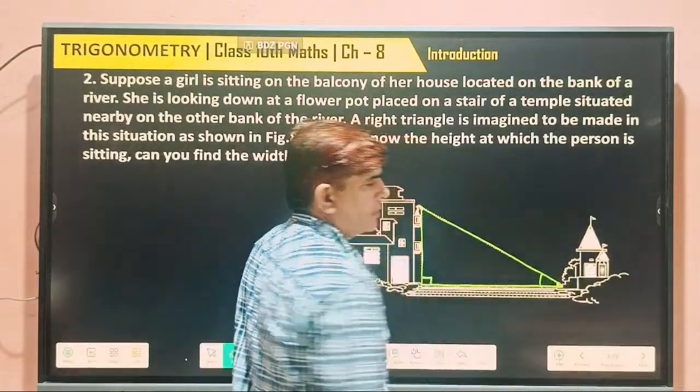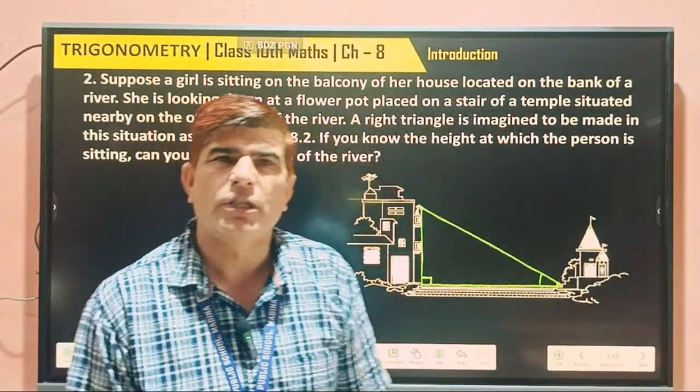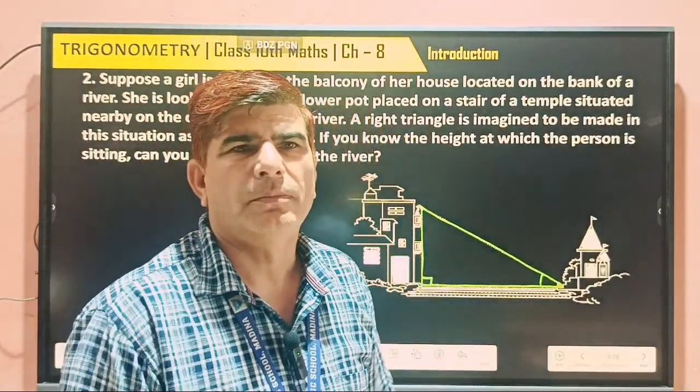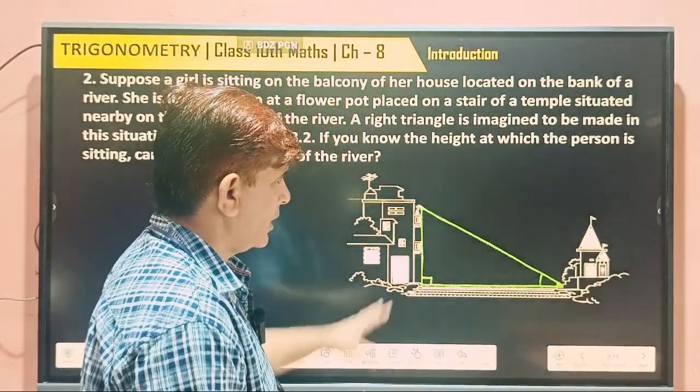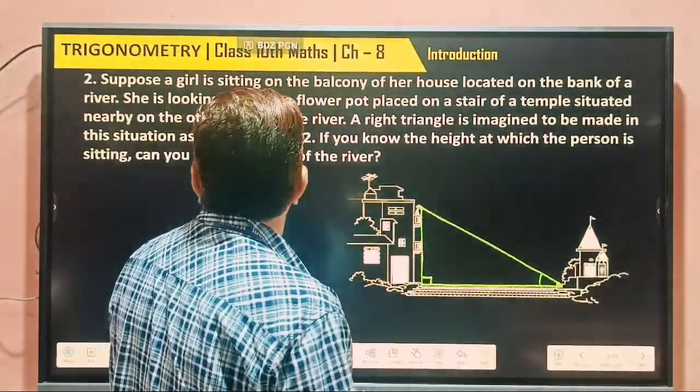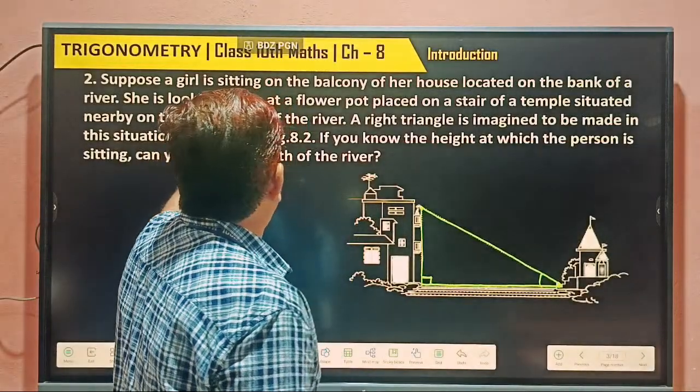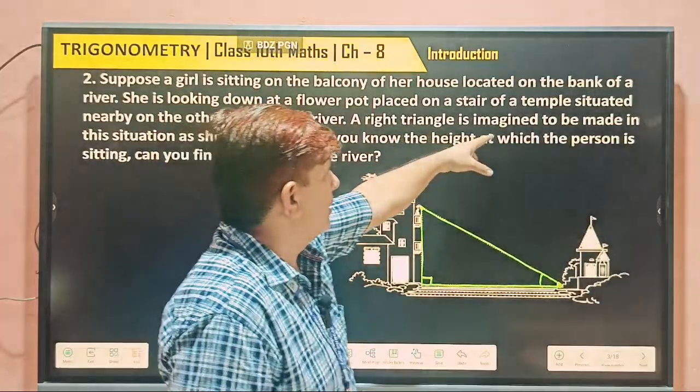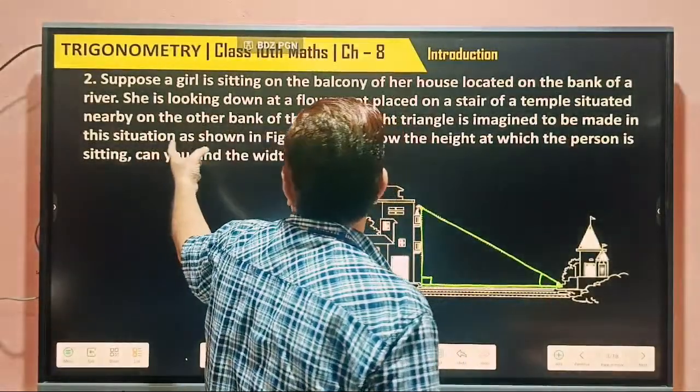This angle formed is known as the angle of depression. But that's not the matter here. So a right angle is formed or not? A right triangle is imagined to be made in this situation as shown.